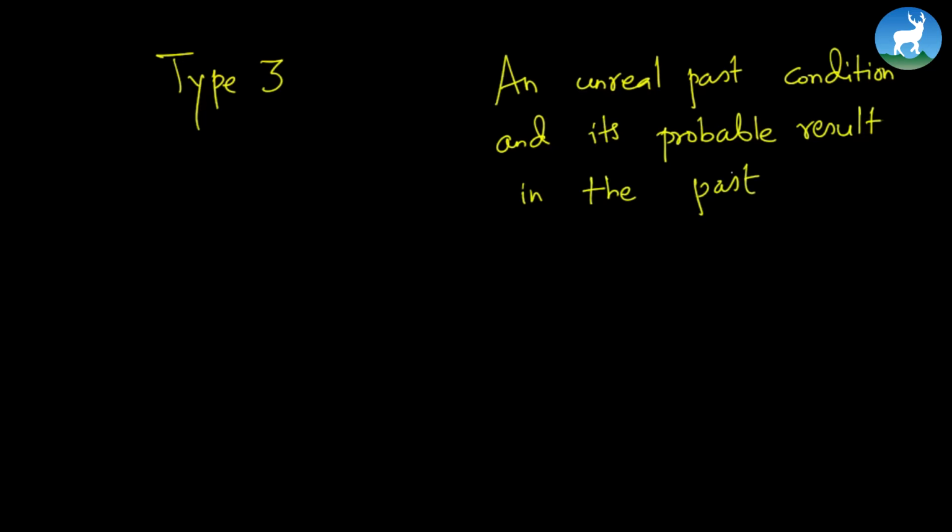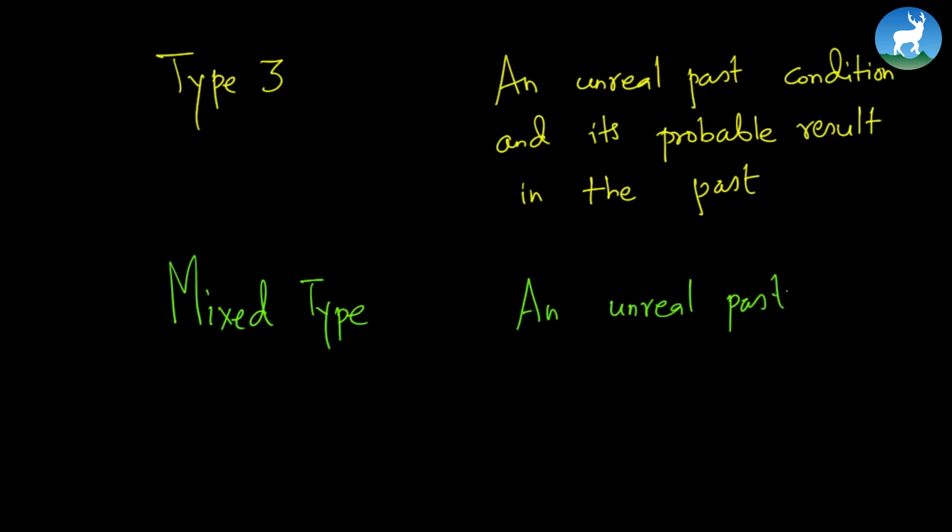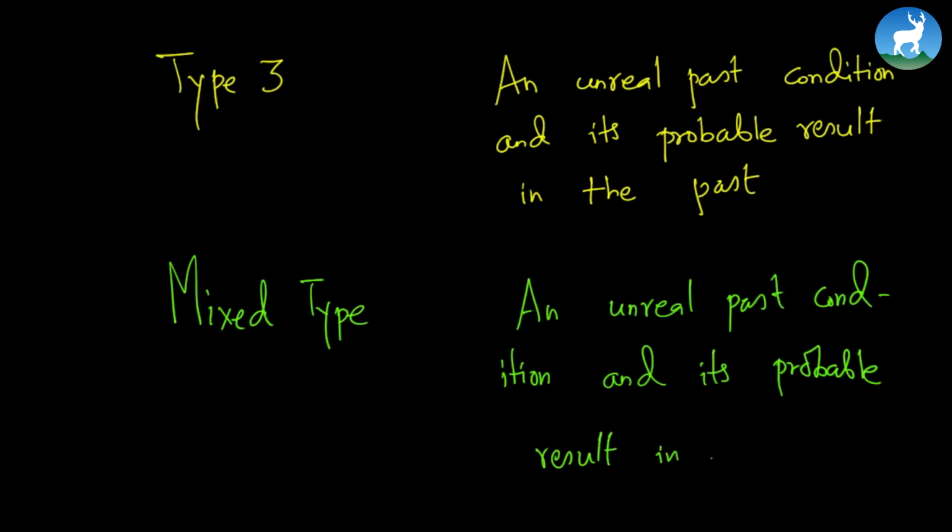Then comes the mixed type. In mixed type, we study about an unreal past condition and its probable result in the present. Right? This is what the mixed type is all about.